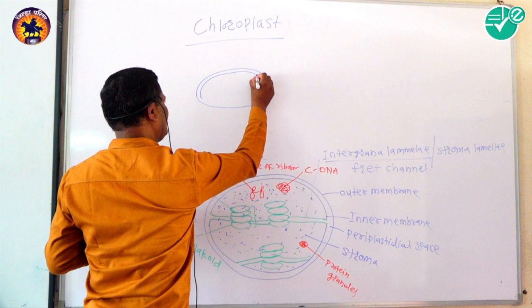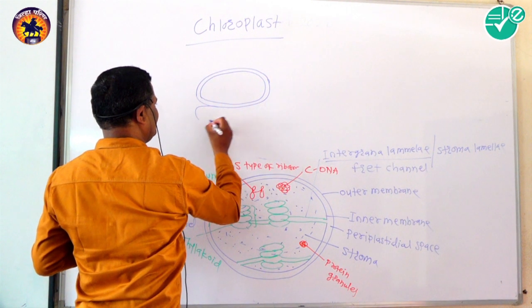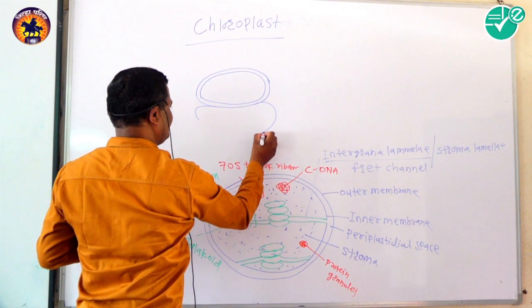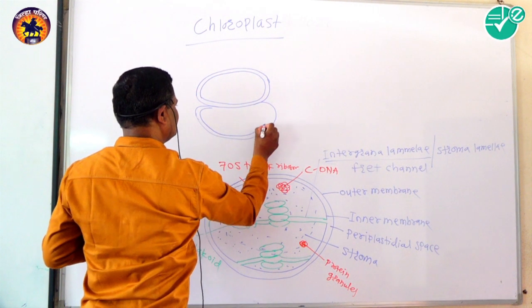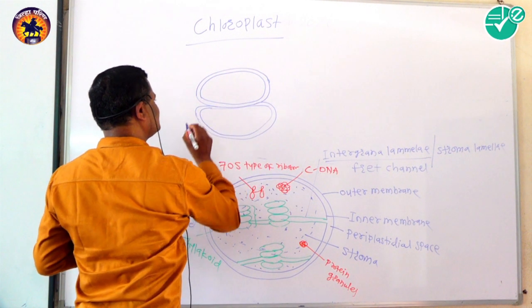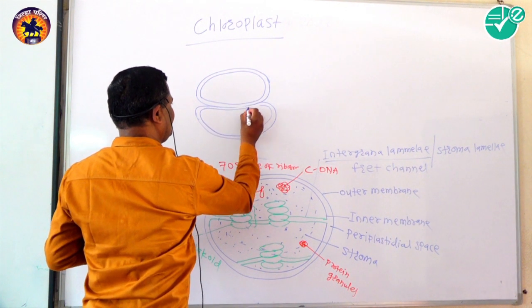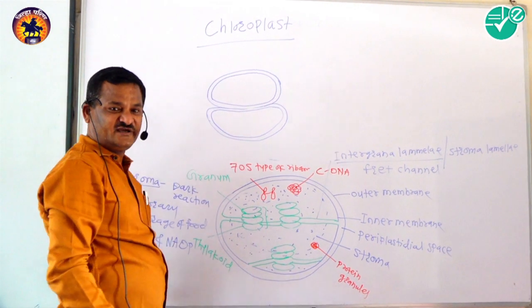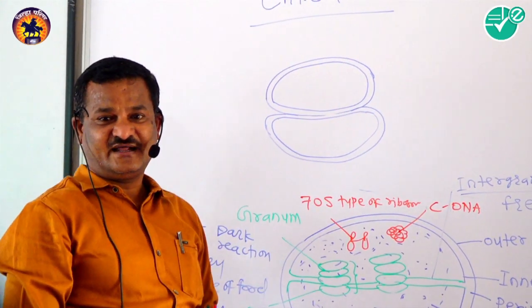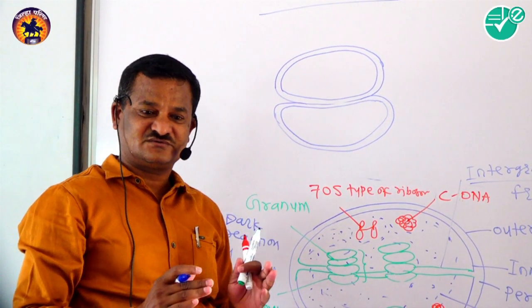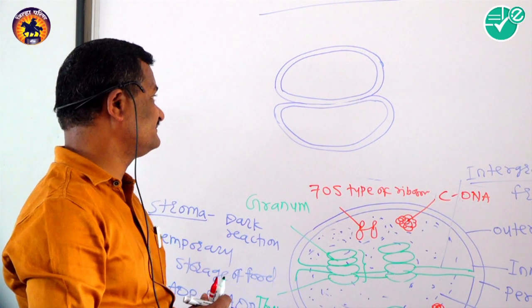This is the thylakoid. Many thylakoids are placed one above the other like a stack of coins and form a granum.